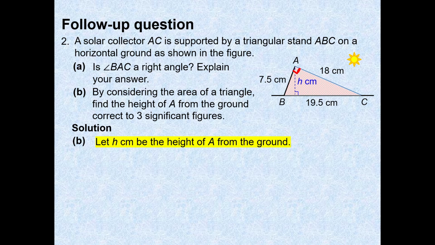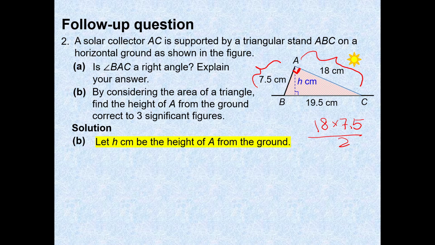So that means we may let this one be our base, and this one will be our height. So we can find the area of the triangle by using 18 times 7.5 and then divided by 2. Okay, this is the area of the triangle, right?